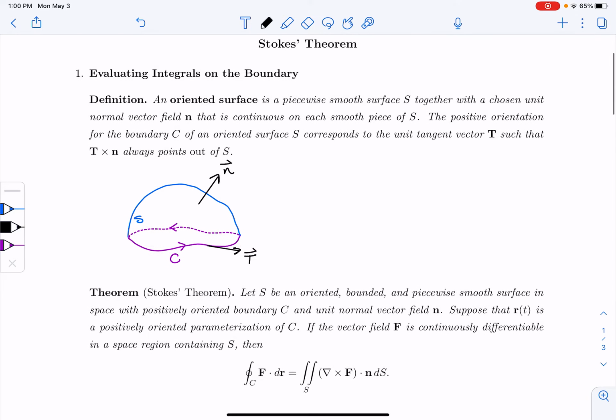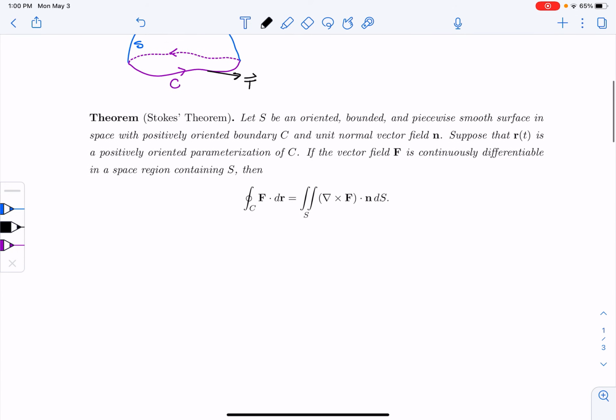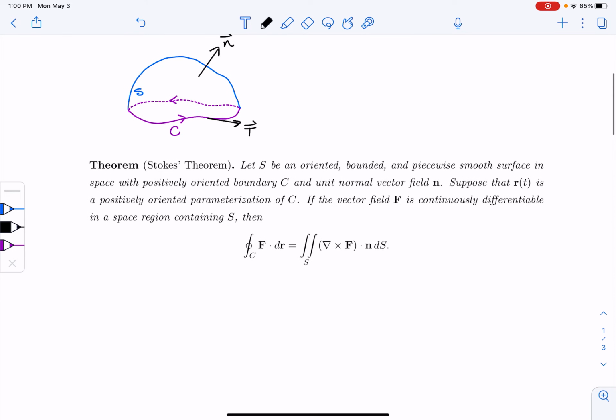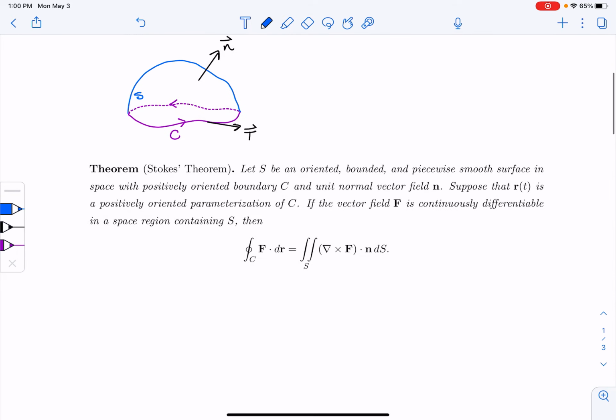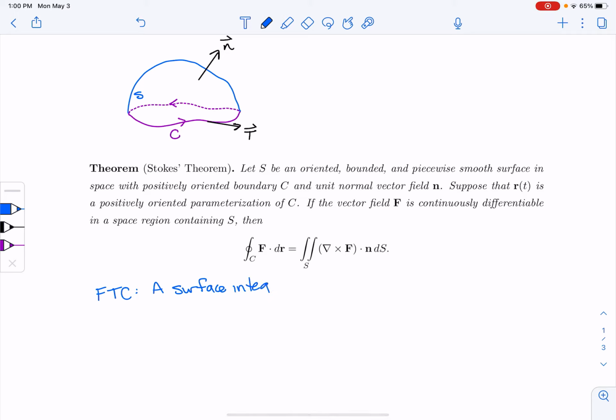So why is this like the fundamental theorem of calculus? Well, what is the fundamental theorem of calculus saying here then? What we're saying is that a surface integral, and it's a very specific surface integral, a surface integral of the curl of F, and curl of F is a specific kind of derivative of F. So this is a derivative.